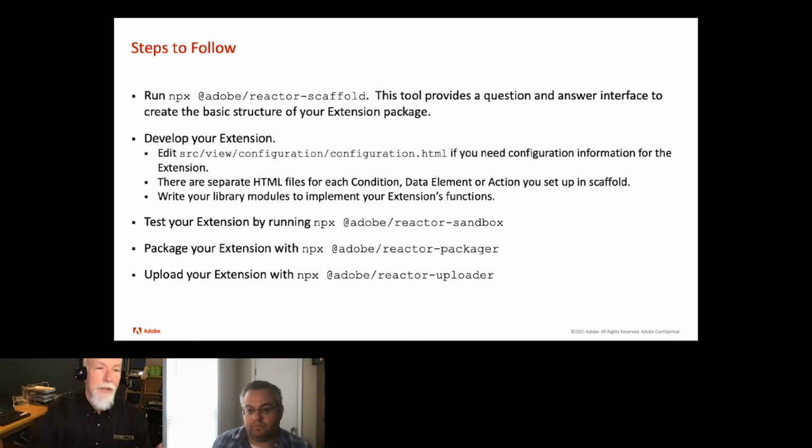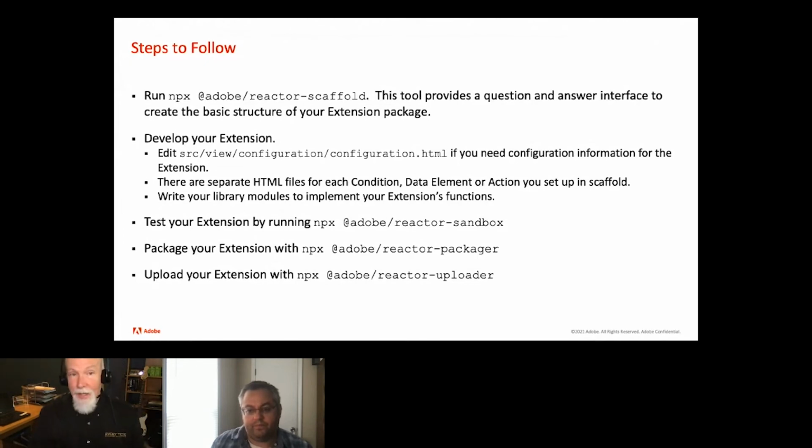There are also separate HTML files for each condition, data element, or action that you set up while you're running the scaffold tool. And that is where you'll go in and do the configurations for those things, like on the one I showed earlier, mapping the different variables into the different parameters that are going to go in that call to Google Analytics.